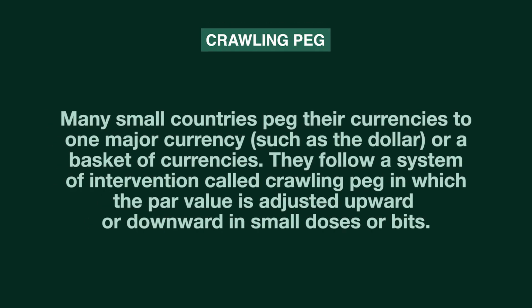And next we come to the concept of the crawling peg. Many small countries peg their currencies to one major currency such as the dollar or a basket of currencies. They follow a system of intervention which is called the crawling peg, in which the par value is adjusted upward or downward in small doses or bits.